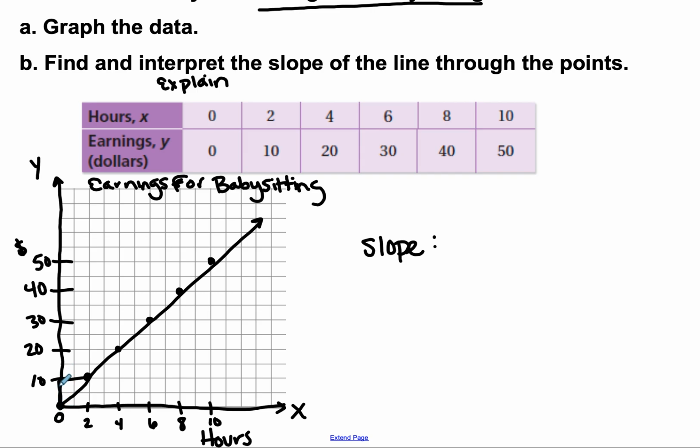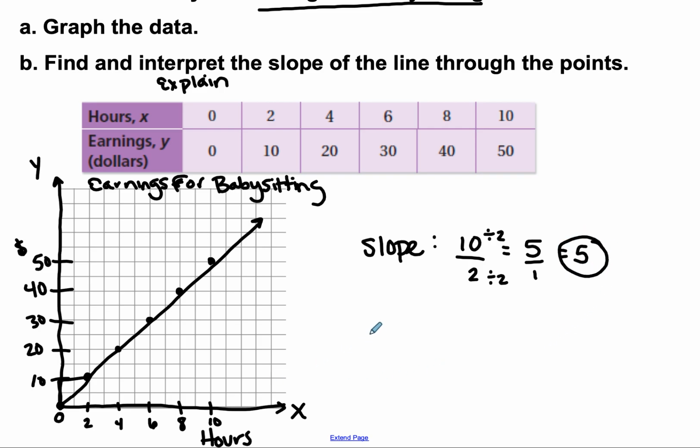Here I'm going from 0 to 10. That's going up 10. It looks like 2 boxes, but really with numbers, it's going up 10. And then over here, I'm going from 0 to 2. That is 2. That's going to simplify to 5 over 1, which is 5. I divided by 2 on both parts of my ratio to get 5 as my slope.